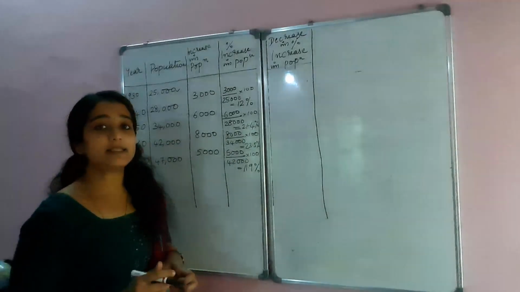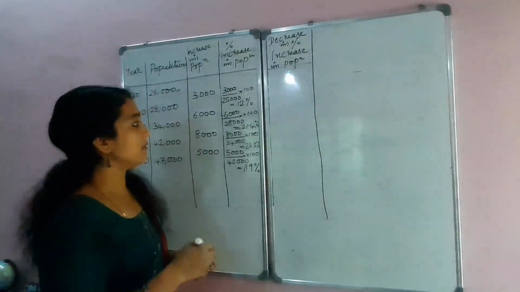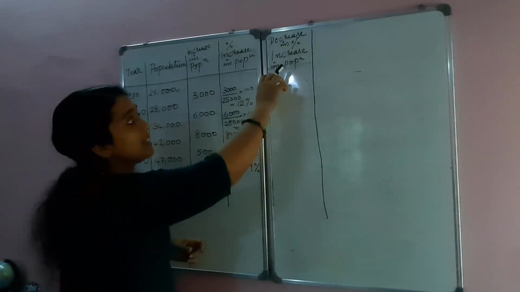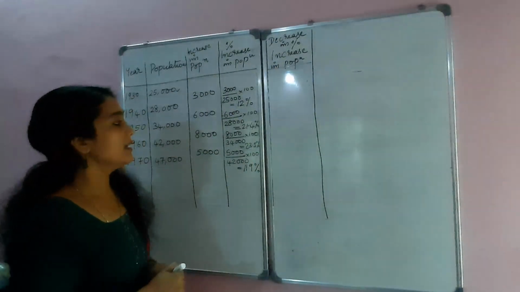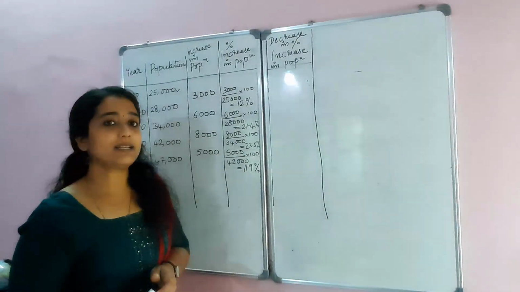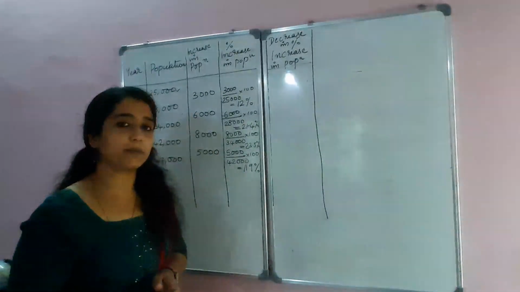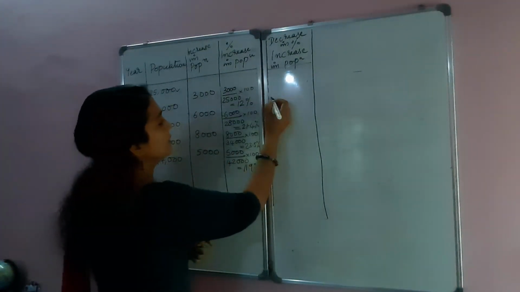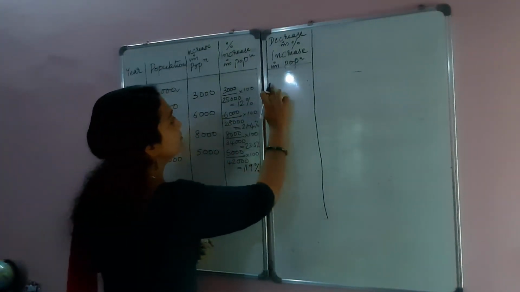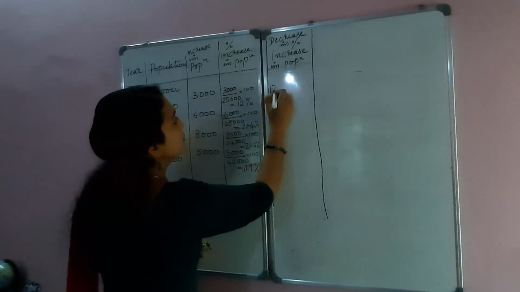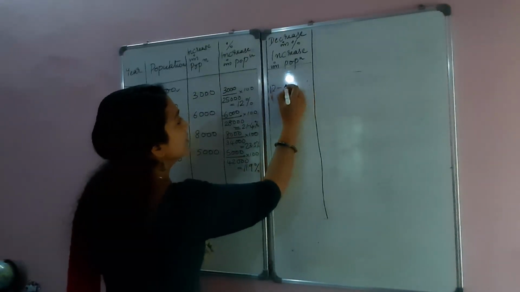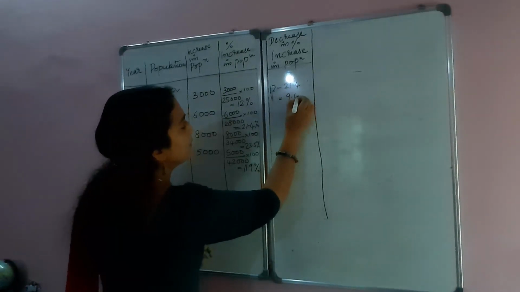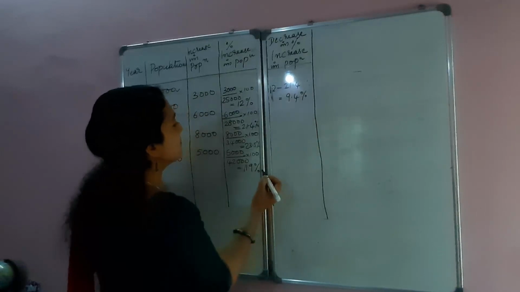Then in the decrease in rate of growth method, we have to calculate the fifth column, that is the decrease in percentage increase in population. How much decrease is happening in the increasing percentage of population? Then we calculate 12 minus 21.4, that is 9.4%.